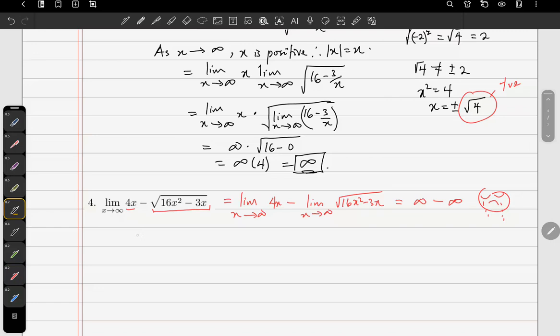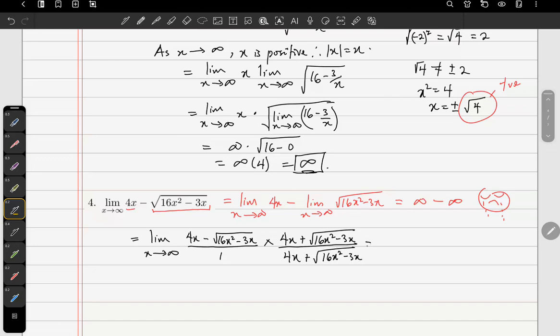So this is equal to the limit as x goes to infinity of 4x minus square root of 16x squared minus 3x over, so we want to do times 4x plus square root of 16x squared minus 3x all over 4x plus square root of 16x squared minus 3x.